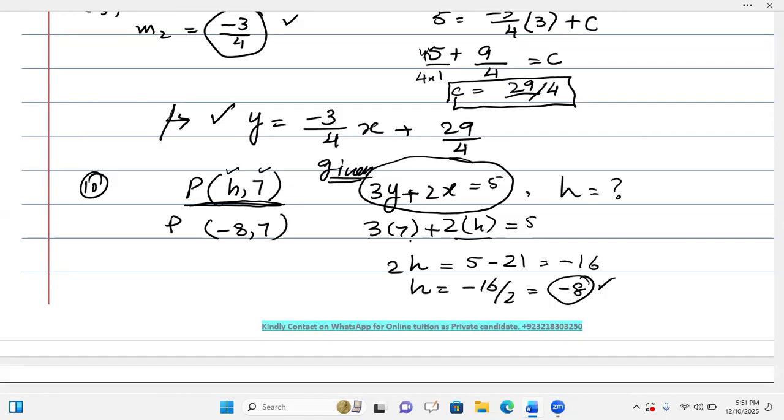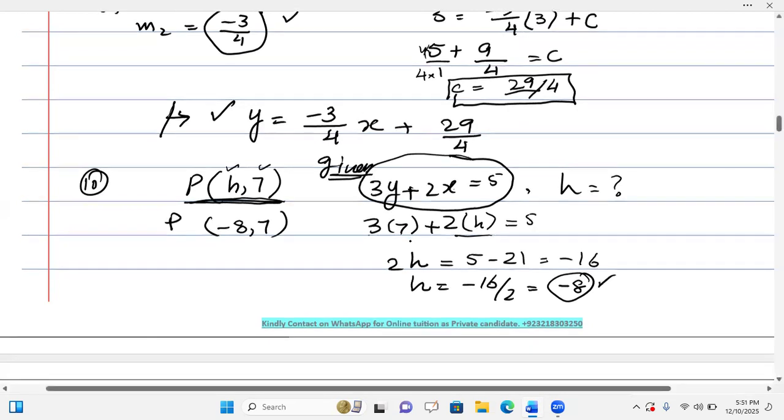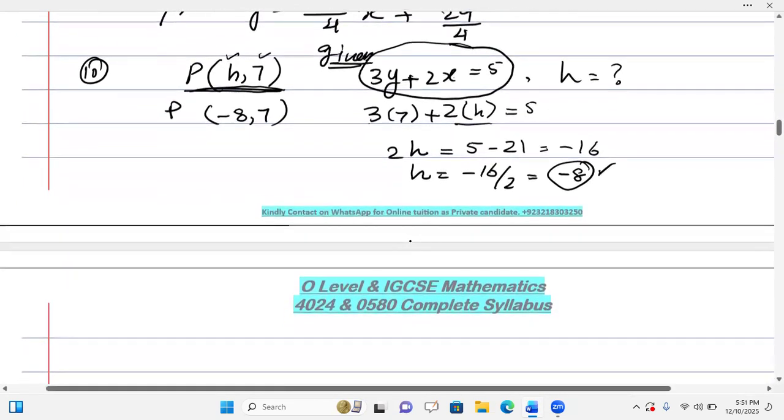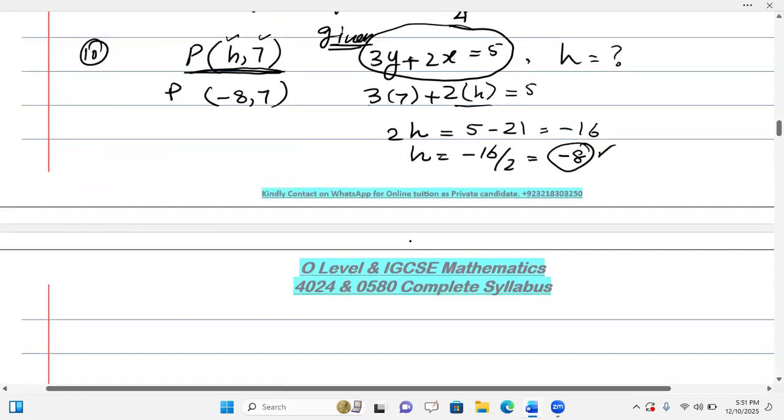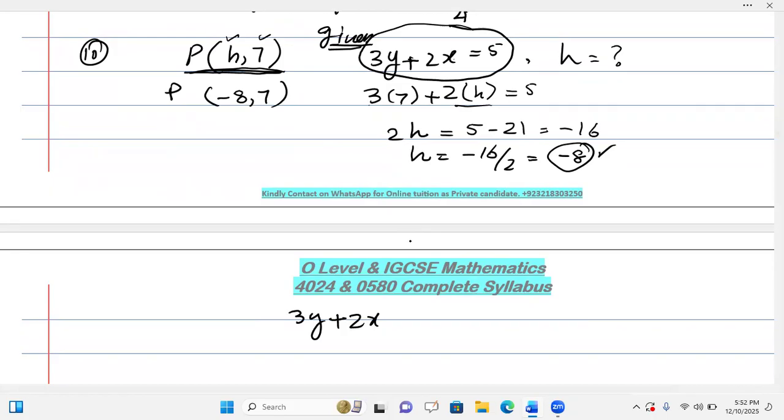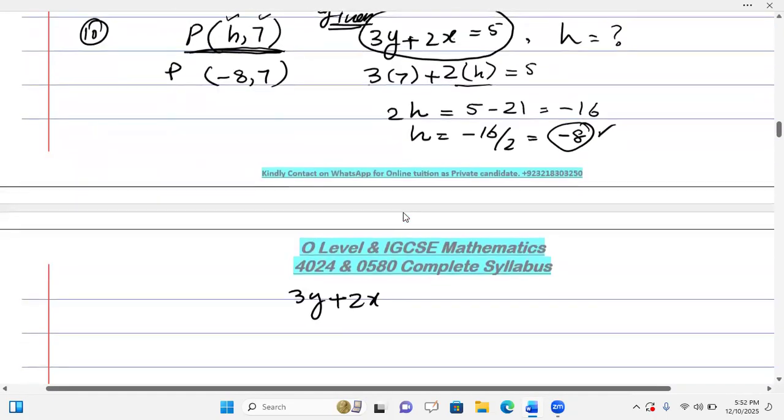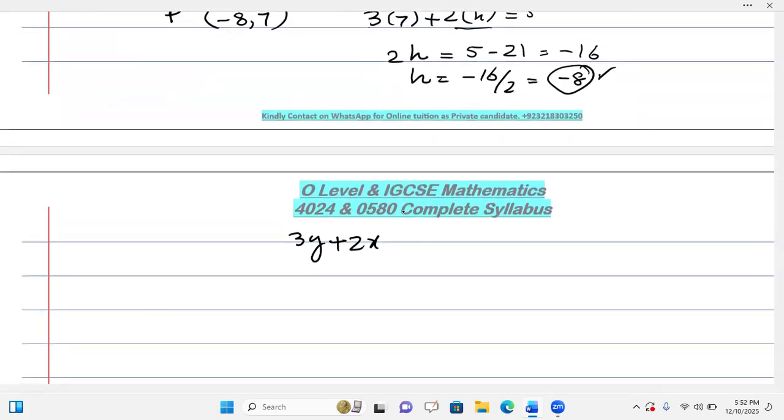This is point P. He is saying that use this equation, 3y plus 2x is equal to 5, and minus 8 comma 7.